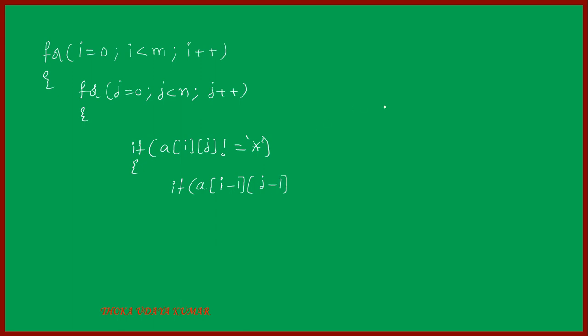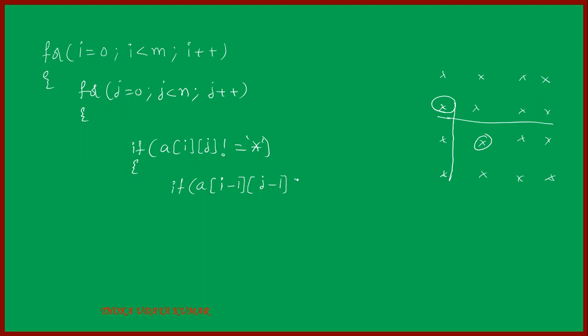Suppose if I take the elements like this, and if I am here, so i minus 1 means the above row, j minus 1 means the before column, which means this element. I am going to verify this element.